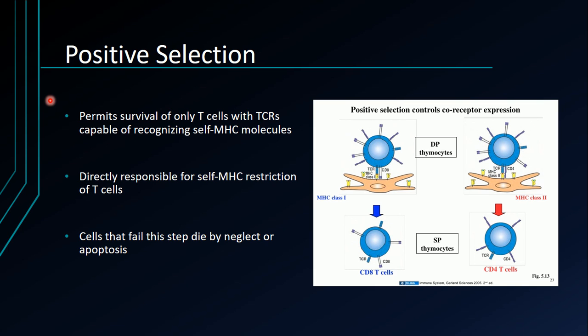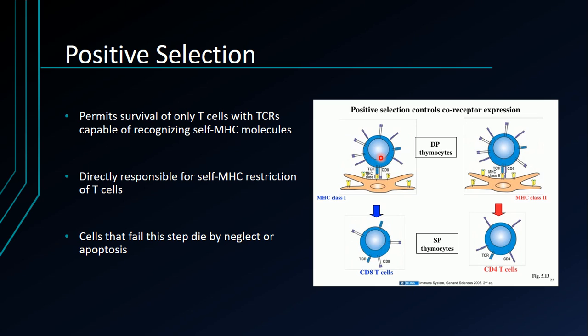If you look at the image, the T cell is in blue, and you see the co-receptors, CD8 and CD4, that's what those are. They're binding to self-MHC, and if they don't bind too strongly, and they bind just enough, they will go on to be single positive.